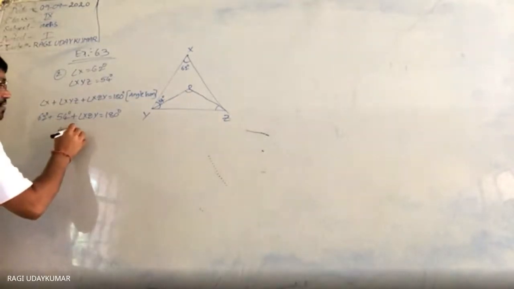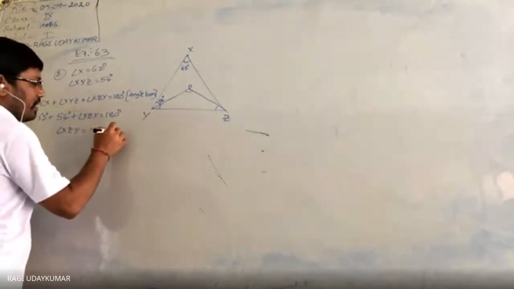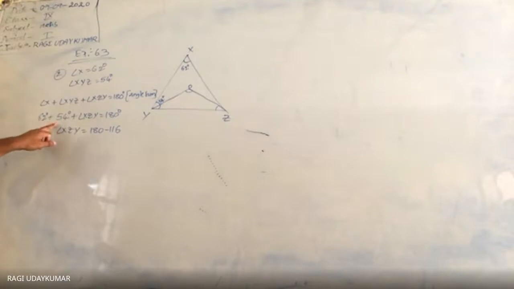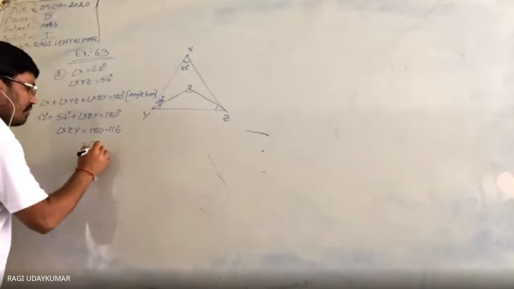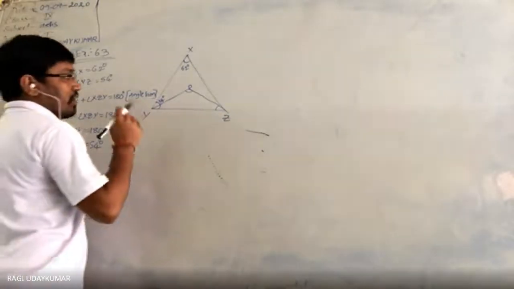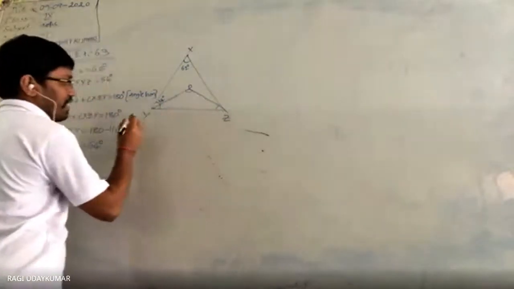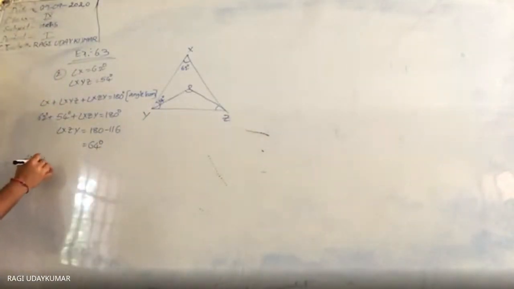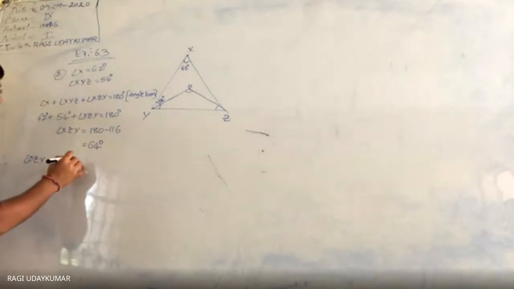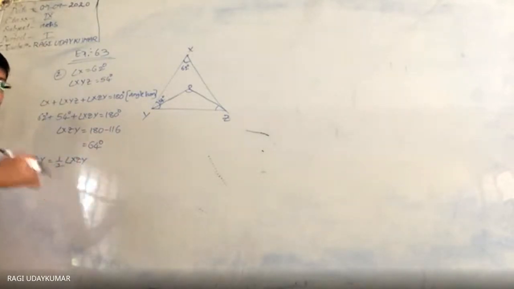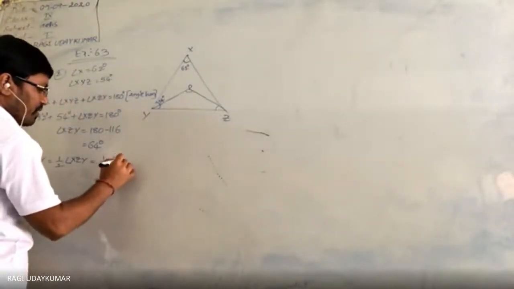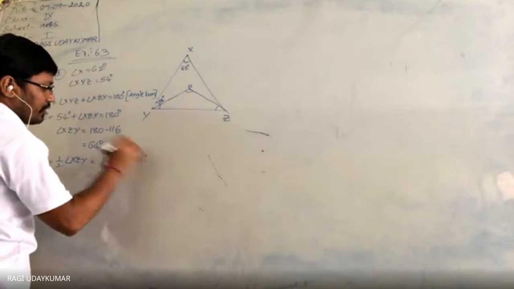So angle XZY is 180 minus 116, which is 64 degrees. Now the question is angle OZY. Angle OZY is half of angle XZY, so 1/2 into 64 degrees equals 32 degrees.